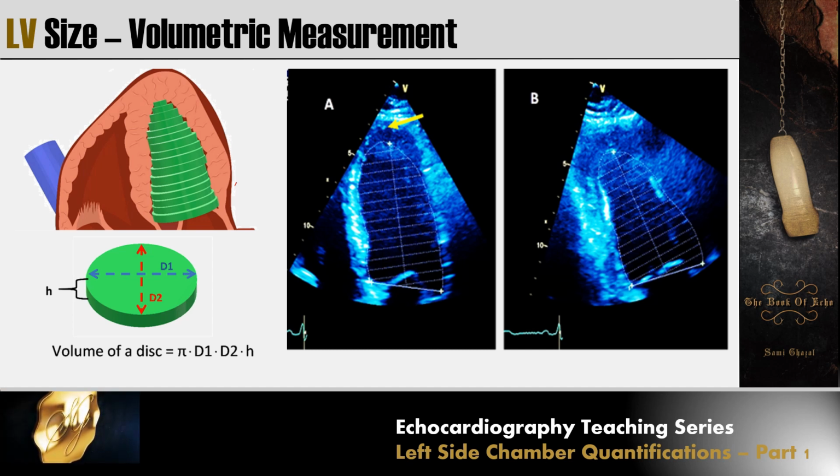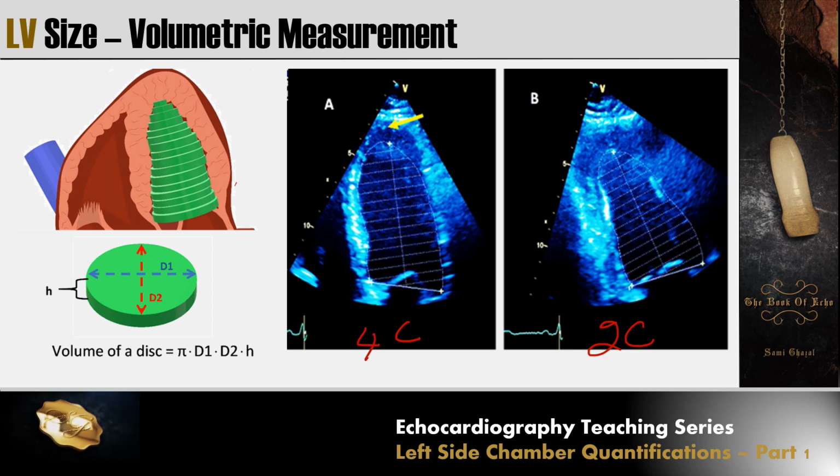It is very simple, and it is done in two planes to make it even more accurate. It is not only one plane like the area length method. Now you have a 4-chamber and 2-chamber measurement, so you measure each disk in 4-chamber and 2-chamber.